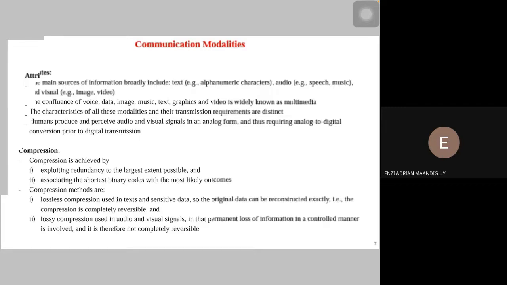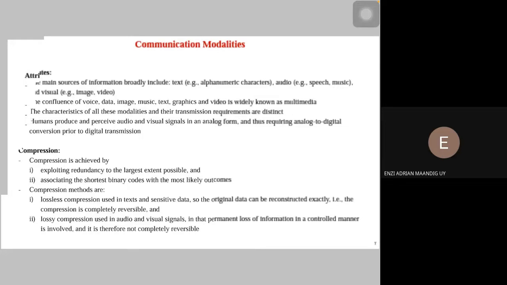Or literal siyang analogy because gina-compress mo gid sa WinZip ng software ang data para mas gamay og memory or storage ng requirement.